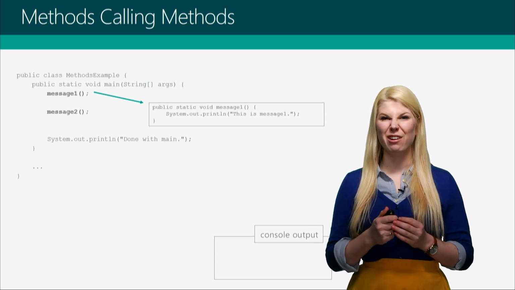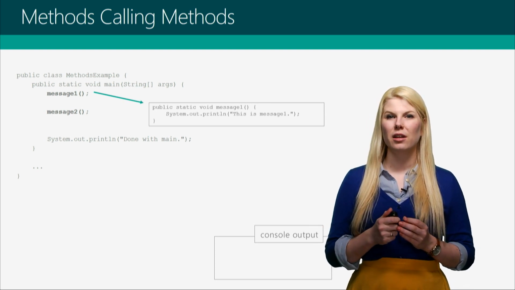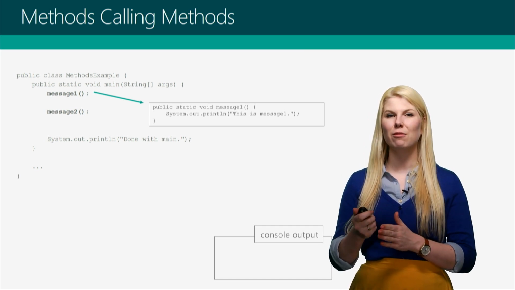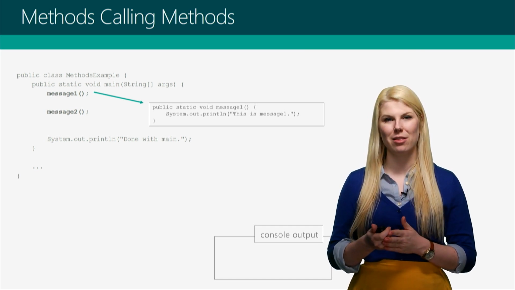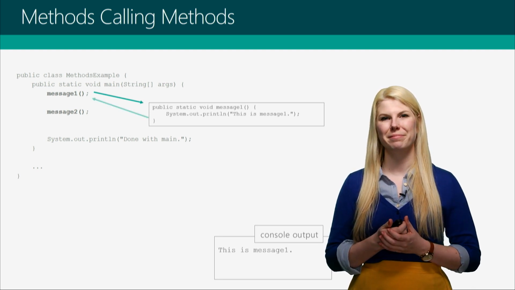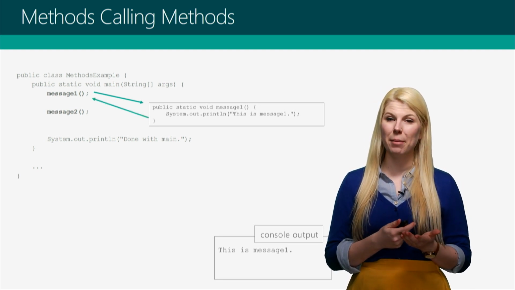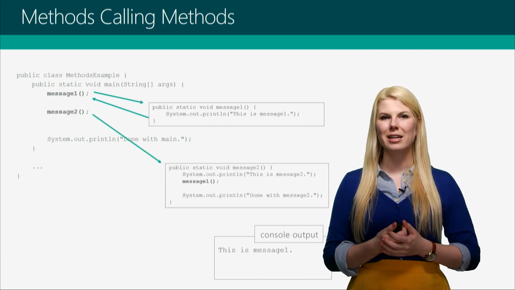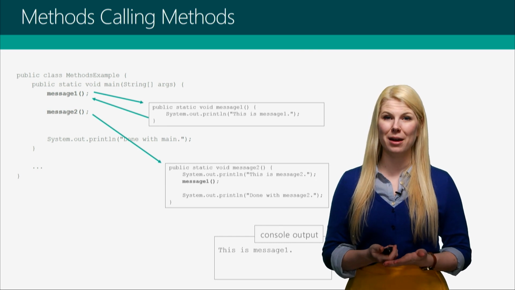We're going to start with this very first method call. And it's kind of like the computer jumps over, finds that code, and then it's going to run everything inside that method. So there's our first line of output. Then it's going to come back to exactly where it left off. The next line is another method call, so it's going to do that method.